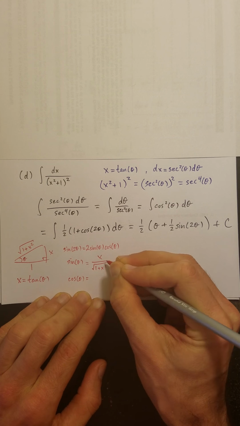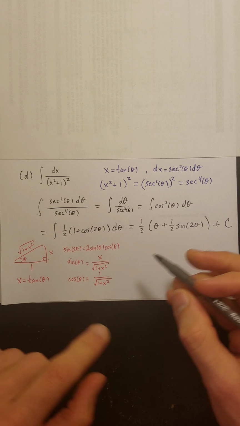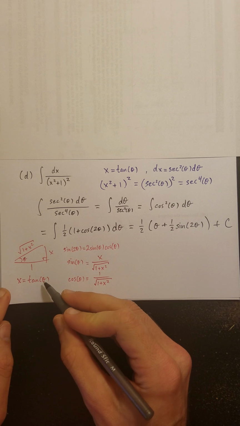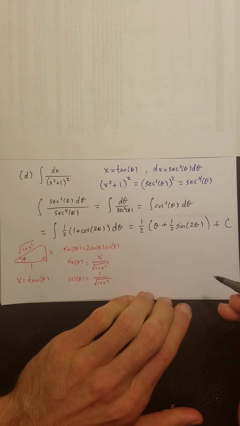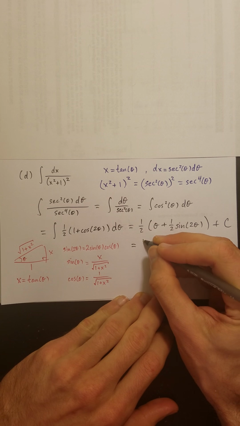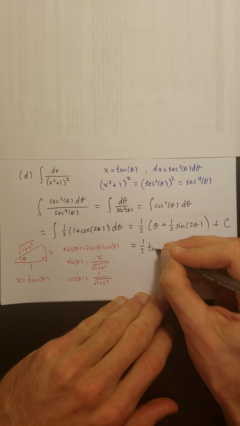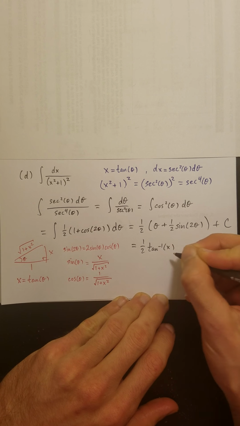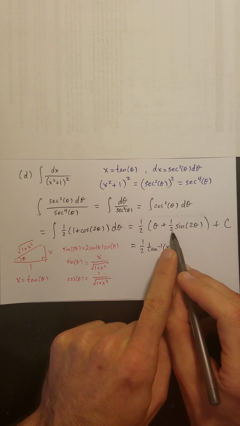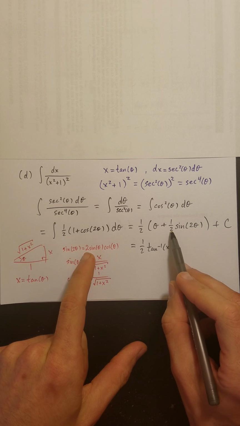Now we just need to put everything back in its place. We have 1/2. We already know that theta is going to be equal to arctangent because of this relationship, x equals tangent of theta. So this is going to be 1/2 arctangent of x. And then we have plus. There was a 1/2 from here, there was a 1/2 from here, and then there was a 2 from here.